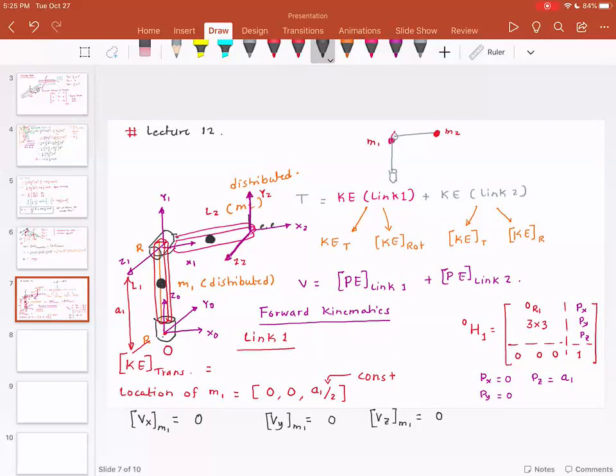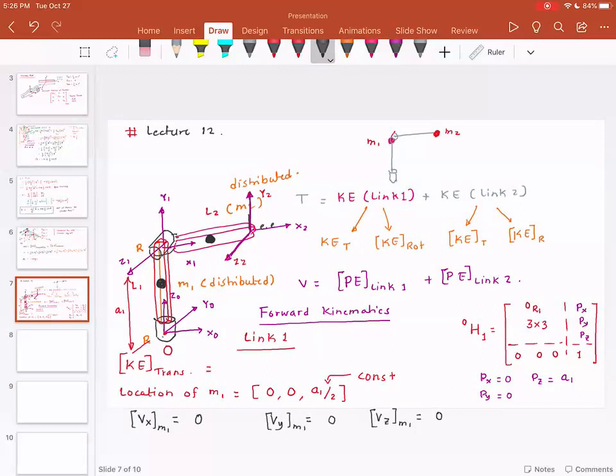And now let's look at this a little bit intuitively. This link does not have any translation in x direction, y direction, or z direction. That's why we don't have any velocity in x, y, and z directions.